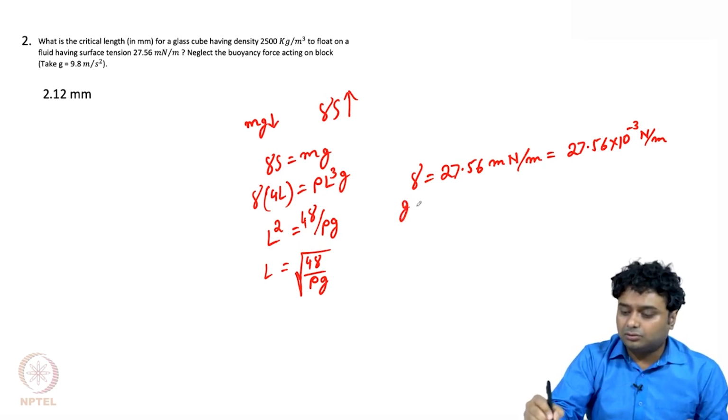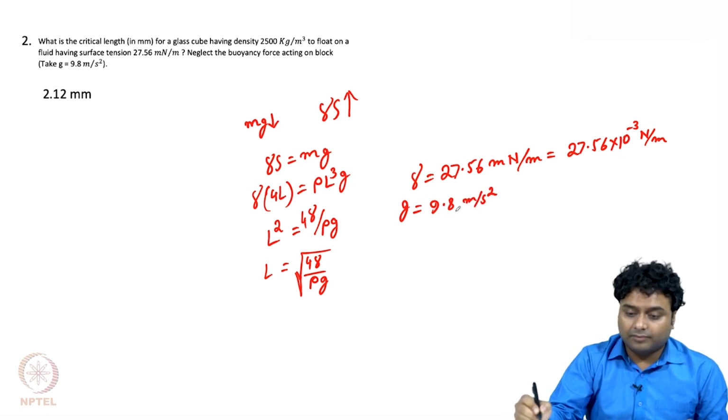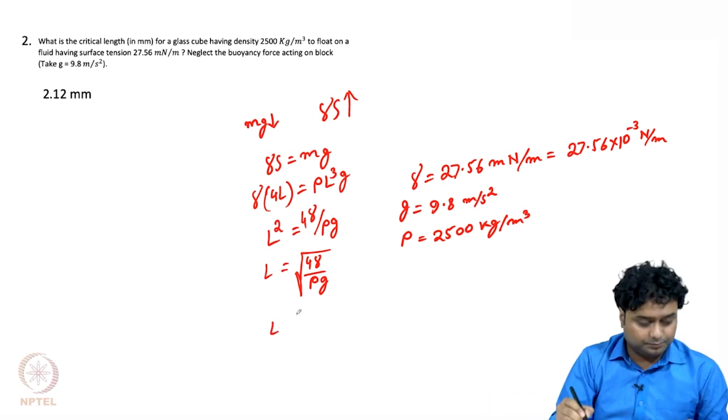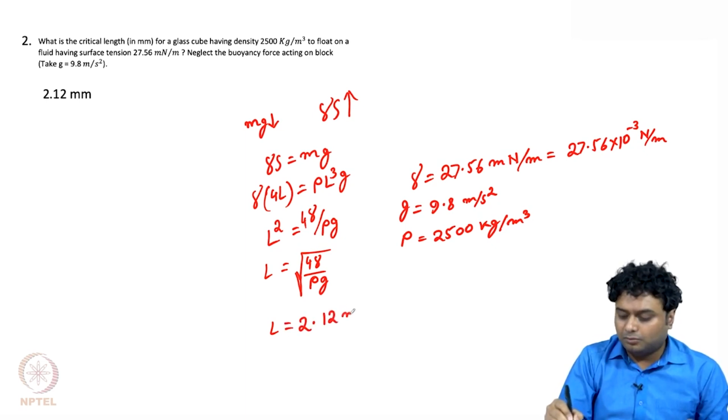Then g equals 9.8 meter per second square, and rho is given as 2500 kg per meter cube. If you put all these values, then we will get L equals 2.12 millimeter.